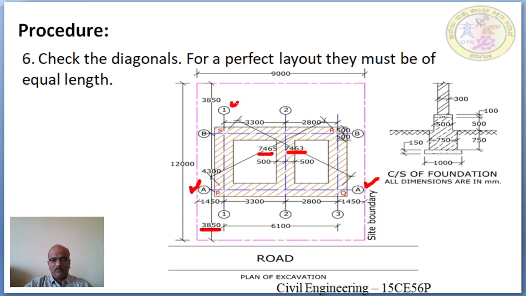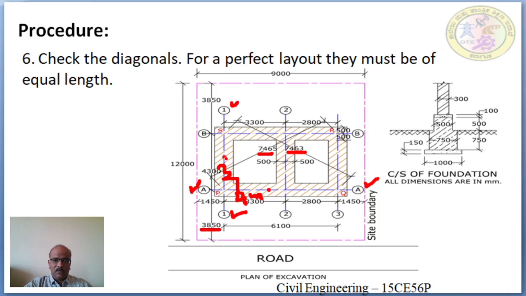Then grid number 1 is established at right angle to grid A, and this right angle is set out approximately by using a Mason square, quickly. Then it is checked by the 3, 4, 5 method. On grid A, 4 meter is marked, and on grid 1, 3 meter is marked.